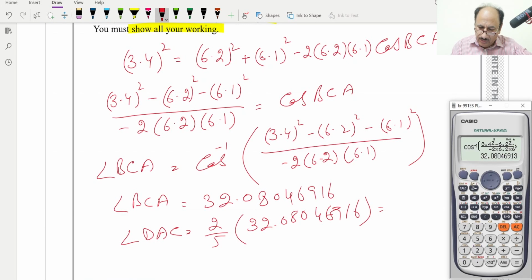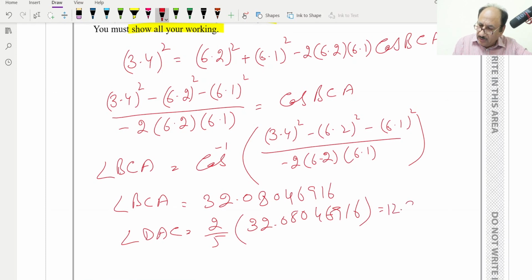This number is already on the calculator, so I multiply by 2 and then divide the answer by 5, and this will be equal to 12.832 degrees.